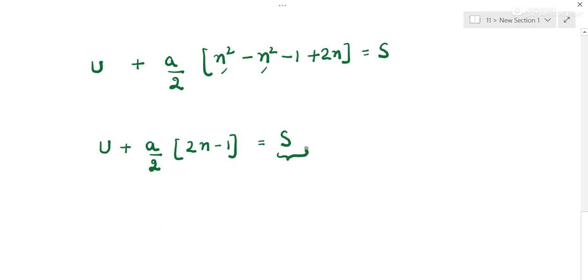Fourth second, third second, fifth second, nth second. So s here stands for distance covered in the nth second.